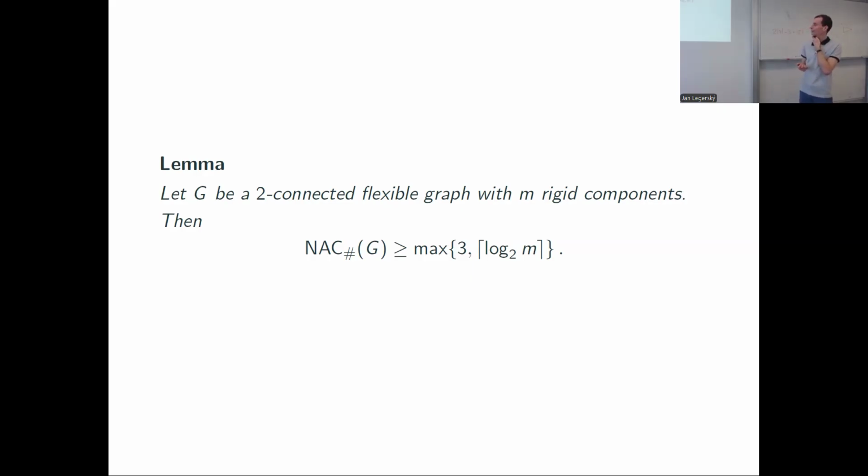And definitely you can find graphs that have much more than this number. If you take just a path, then the number of NAC-colorings is something like 2 to the n minus 1, or 2, depending on how you count, because you can pick any coloring by red and blue minus those that are monochromatic. So this is a general lower bound for flexible graphs.